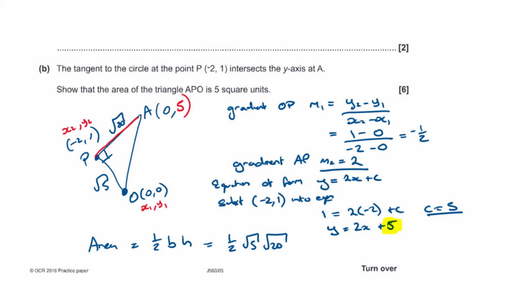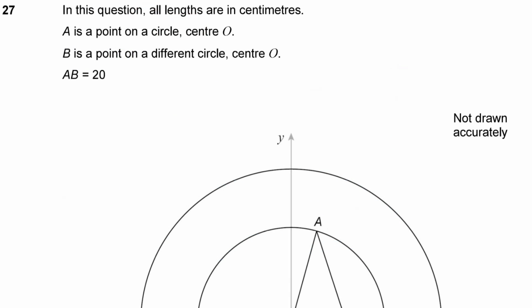Root 5 times root 20 is root 100. So half root 100. Root 100 is 10. Half of 10 is 5. Okay, well that was a lot of work, but we got there in the end, and it was worth 6 marks. So the area of the triangle APO is 5 units. Okay, so we did it. Hurrah and huzzah.